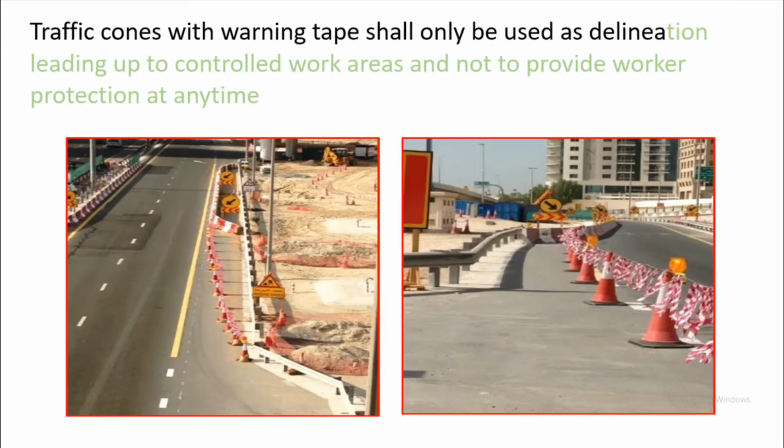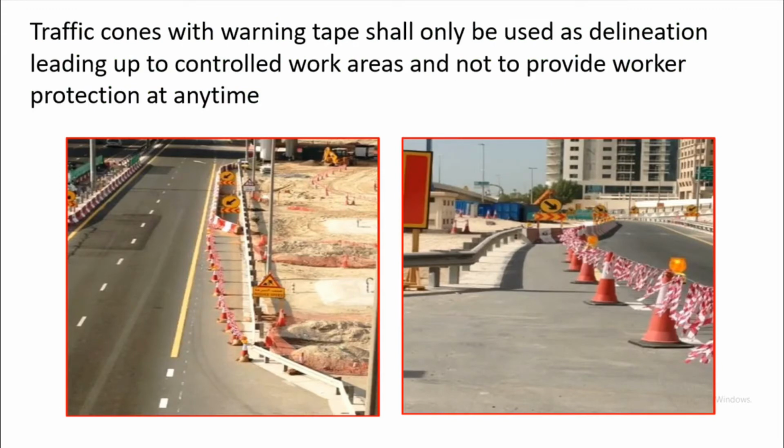Traffic cones with warning tapes shall only be used as delineation leading up to controlled work areas and not to provide worker protection at any time. So you can see in the photographs here, this is the work area and this is the approaching or advanced warning area.